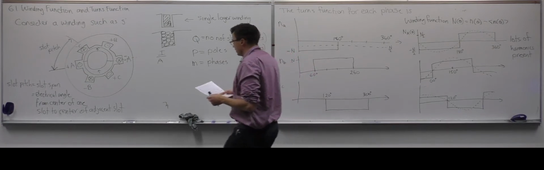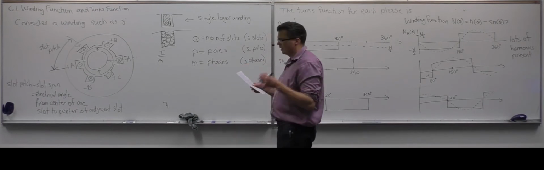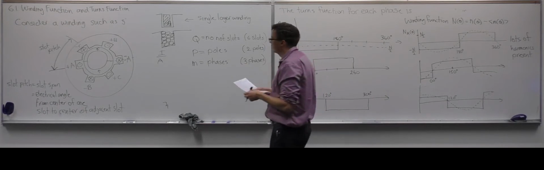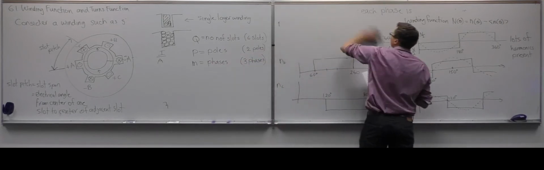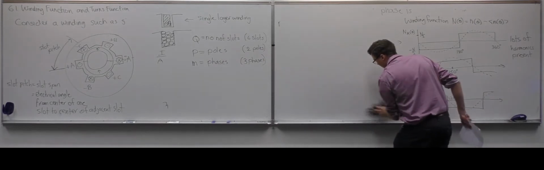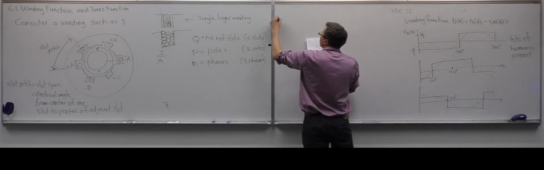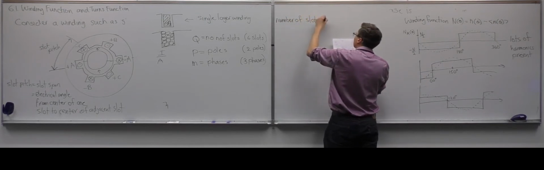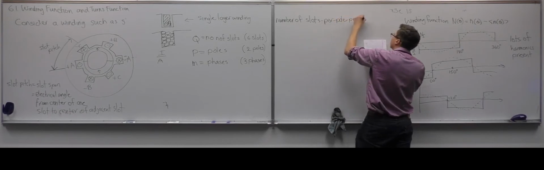So with these 3 pieces of information, we can define the number of slots per pole per phase, which is something that people talk about quite a bit in machines. We can call that lowercase q, the number of slots per pole per phase.